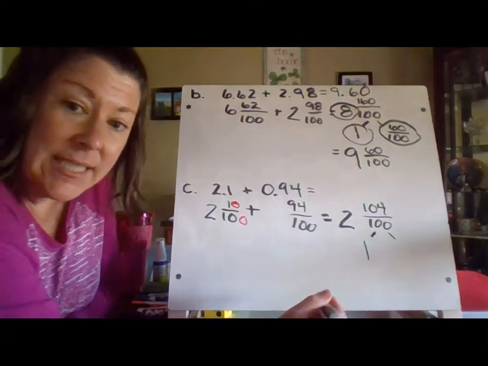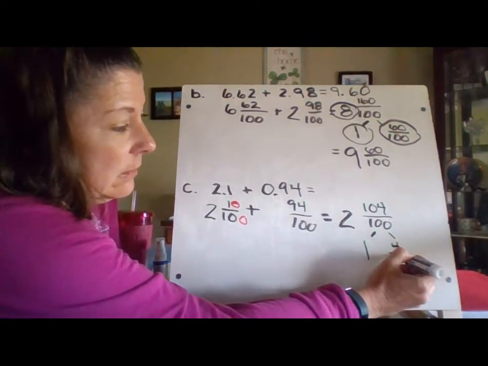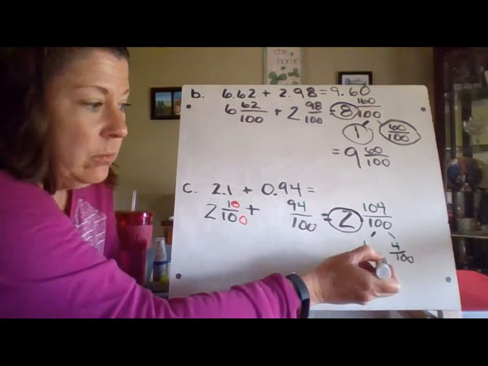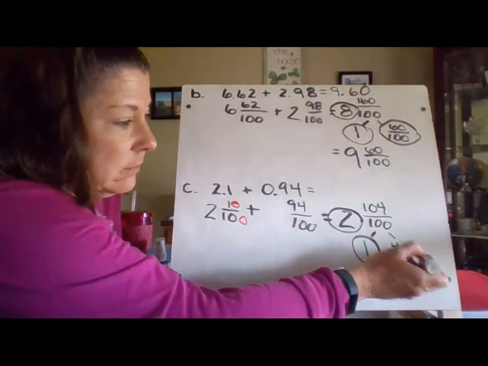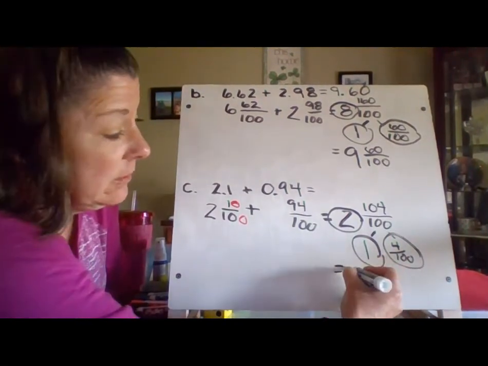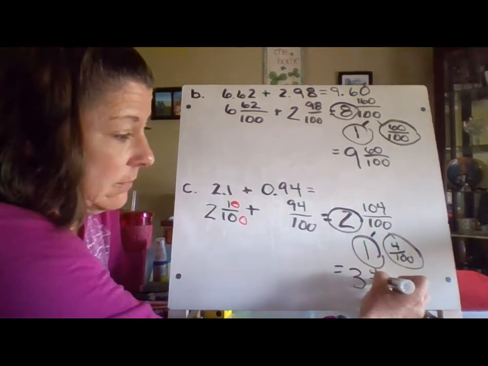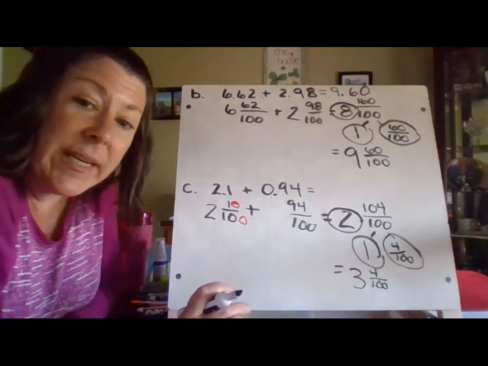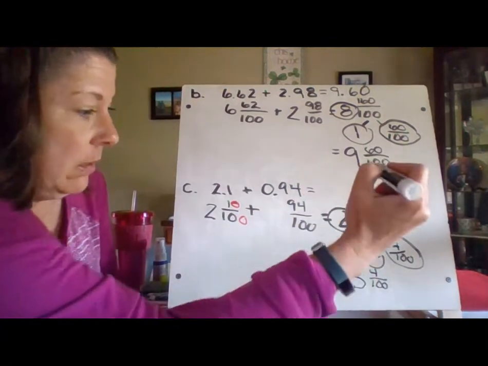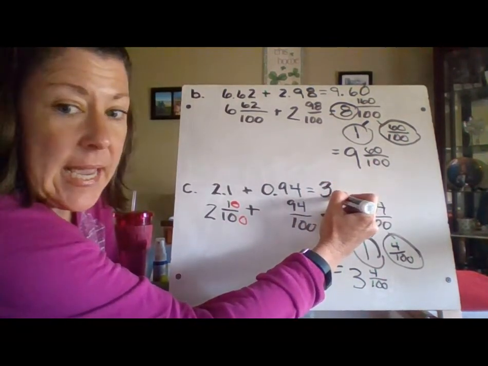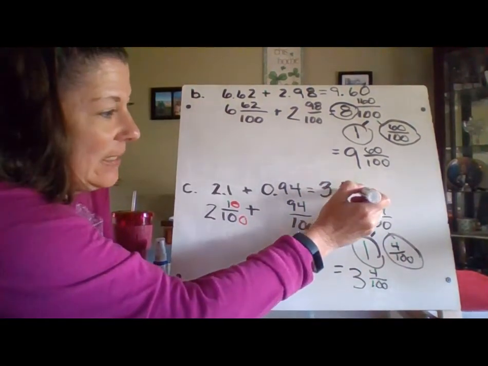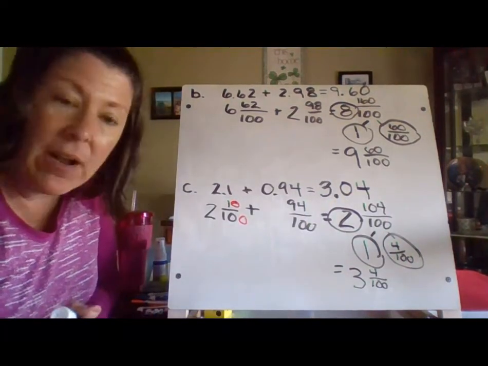And I still have 4 hundredths. 2, another 1, and my 4 hundredths. Gives me a final answer of 3 and 4 hundredths. 3 and, I don't have any tenths, 3 and 4 hundredths, my final decimal answer.